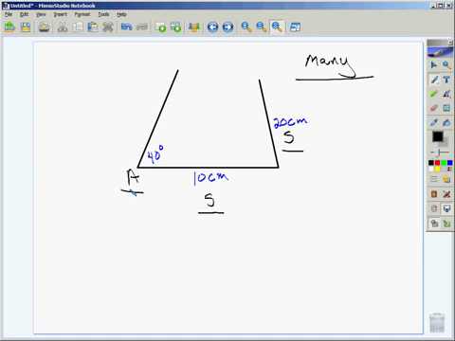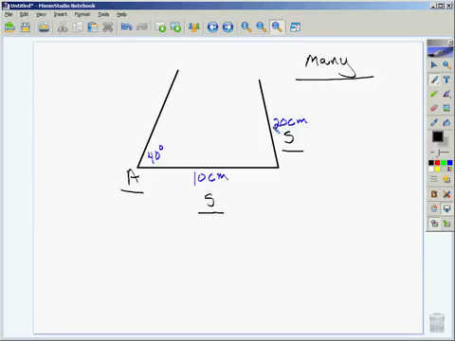In fact, if we were given a 40-degree angle, a 10 centimeter side, and a 20 centimeter side, when we tried to draw them, there's a very good chance that we would have two very different triangles, possibly more, but at least two different triangles, which means that they're not unique. Does everybody see that?